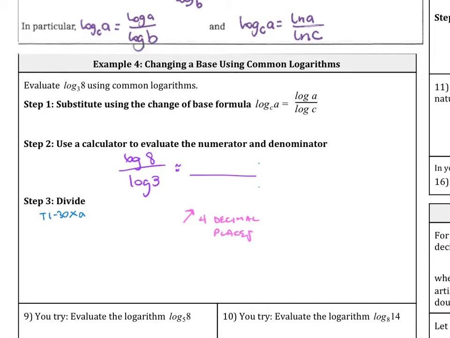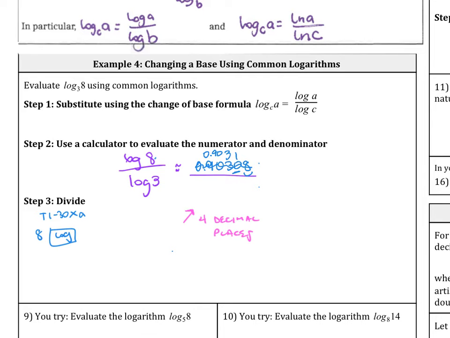What you have to do is type in the 8 first, and then press the log button, L-O-G, and then you'll get the number on top: 0.90308. I'm rounding to 4 decimal places, so you look one more digit over. It says 8, which is greater than 5, so this rounds to 0.9031. Just remembering how to round.